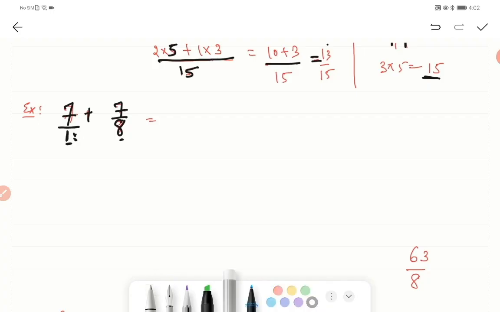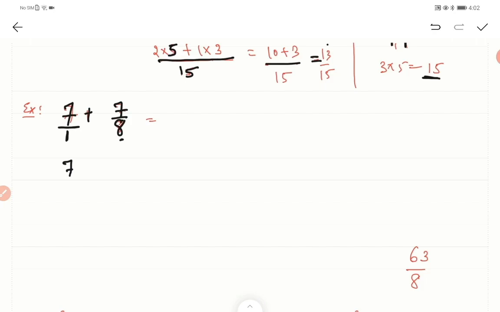So I will multiply the first number 7 by 1 by 8, and I can keep this number as it is because already here it is 8. So you'll get 7 8s, which is 56, isn't it? 56 by 8 plus 7 by 8.